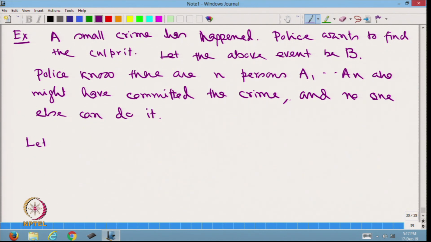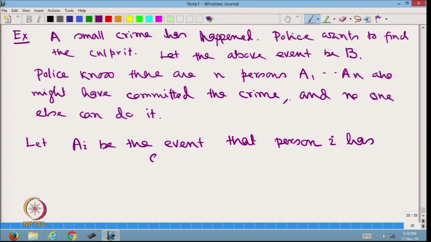Let Ai be the event that person i has committed the crime.